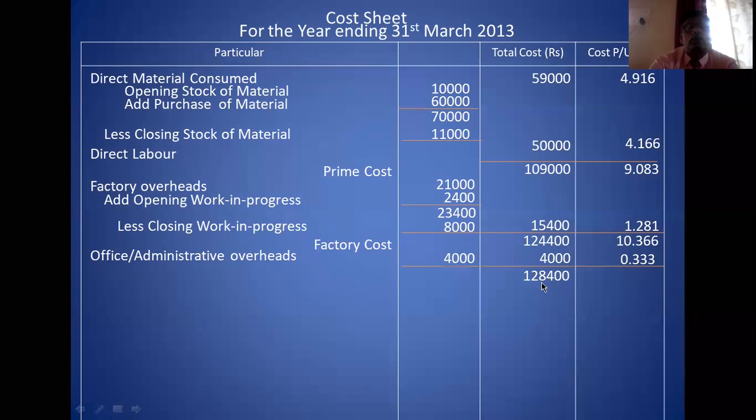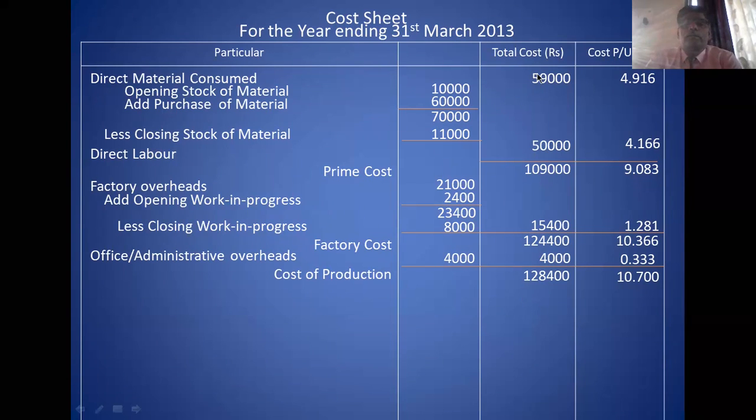Take the total. Total is 1,28,400. Total column. Per unit column is 10.70. This is called cost of production.